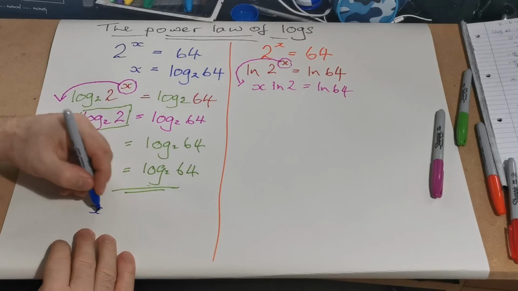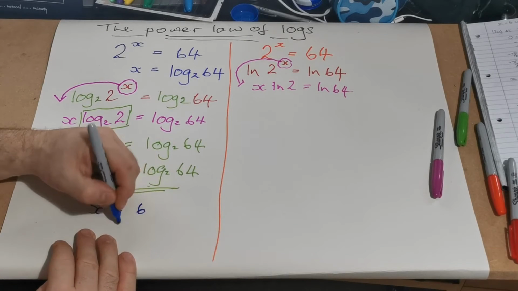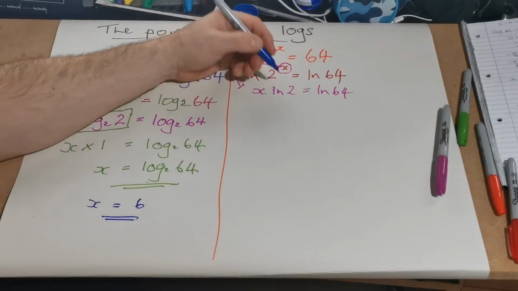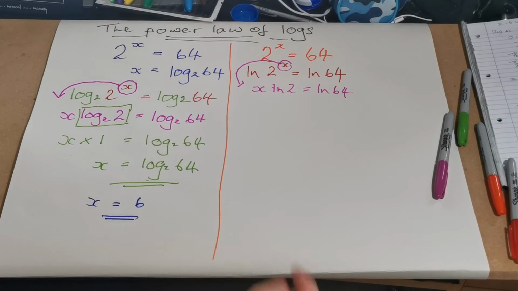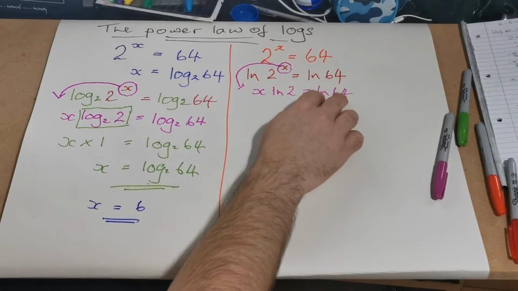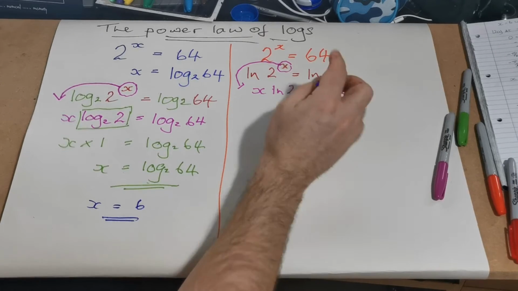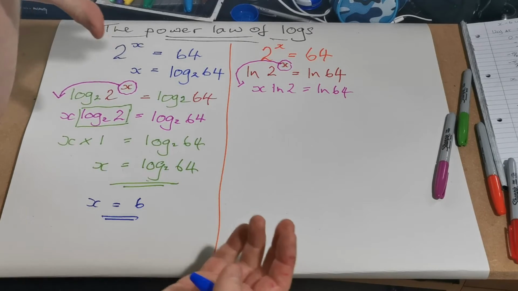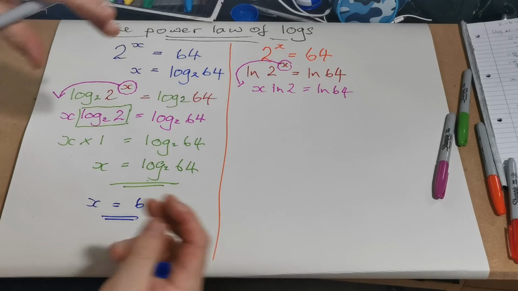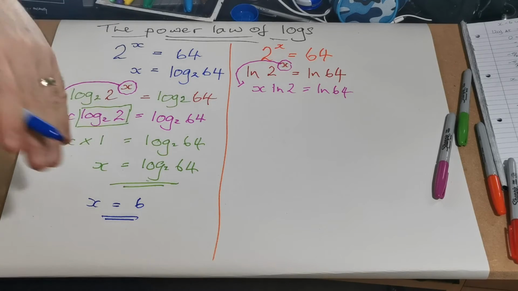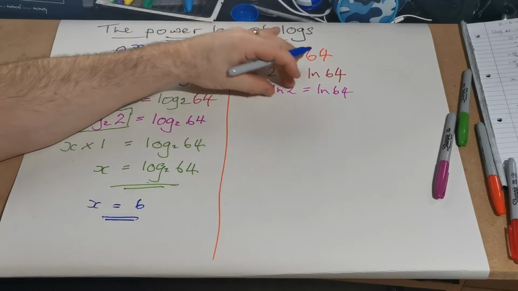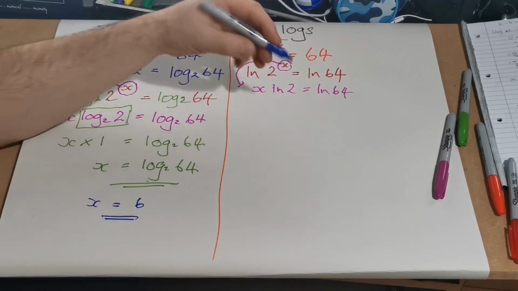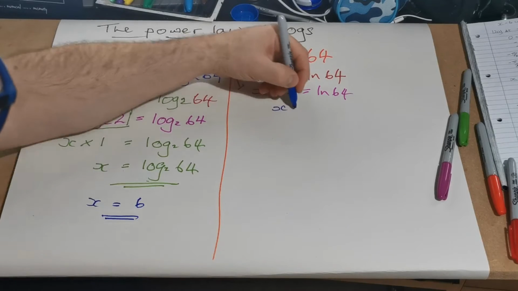The answer to this one here was 6, of course. But that's not easy to work out, and that's not easy to work out. But still, being a good mathematician, we are thinking, okay, if I divide both sides by this ln, because the x is times in it, then I can maybe find out what x is.